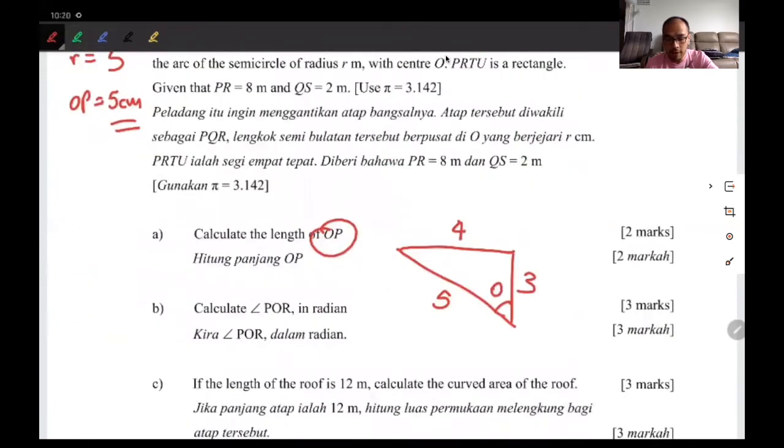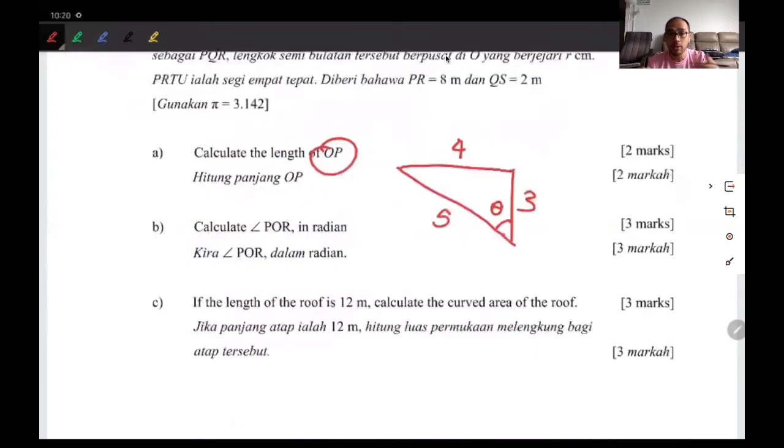I want to find the value of theta. You can use any one. I'm going to use sine. Sine theta equals 4 over 5. So theta, shift sine, gives 53.1301.